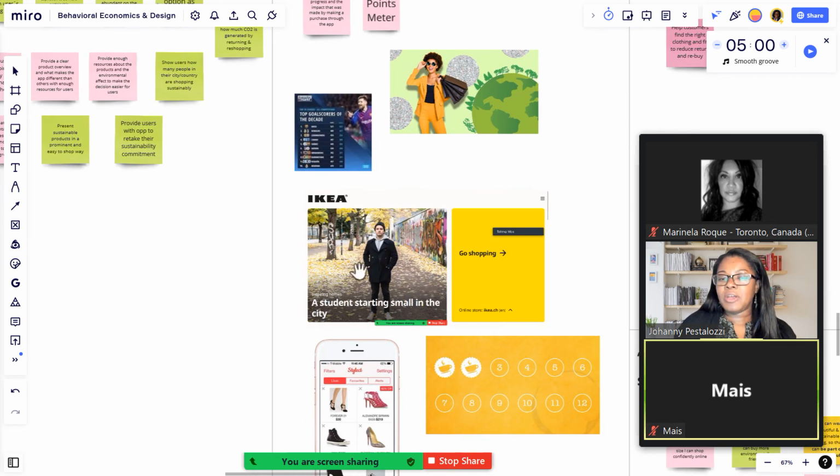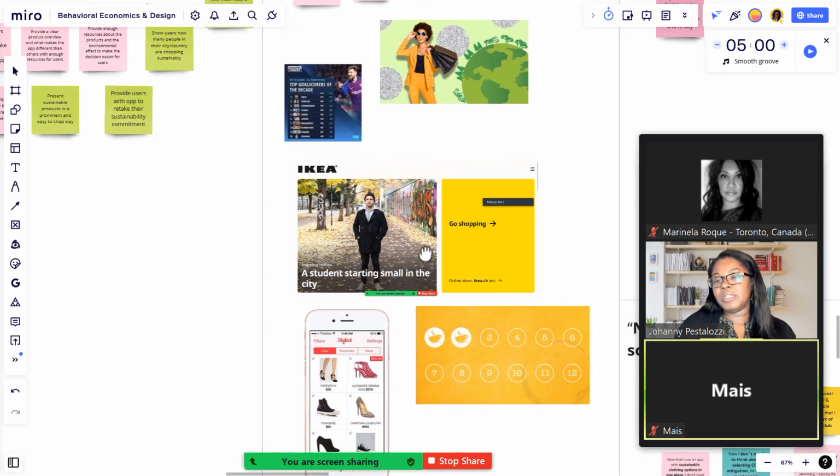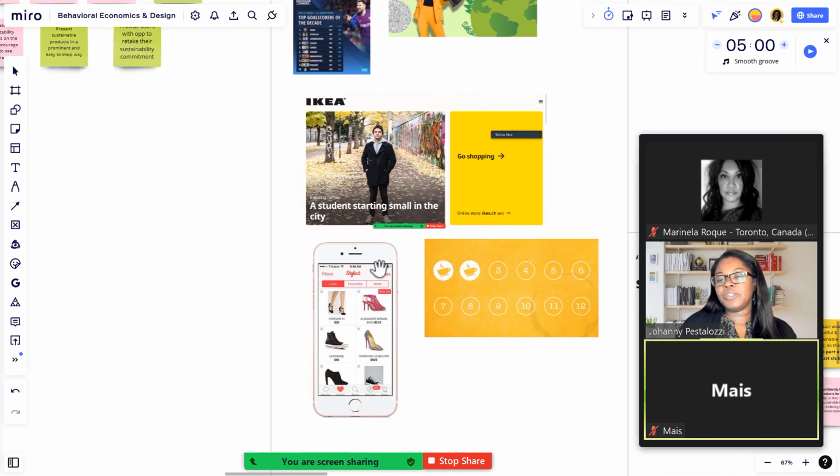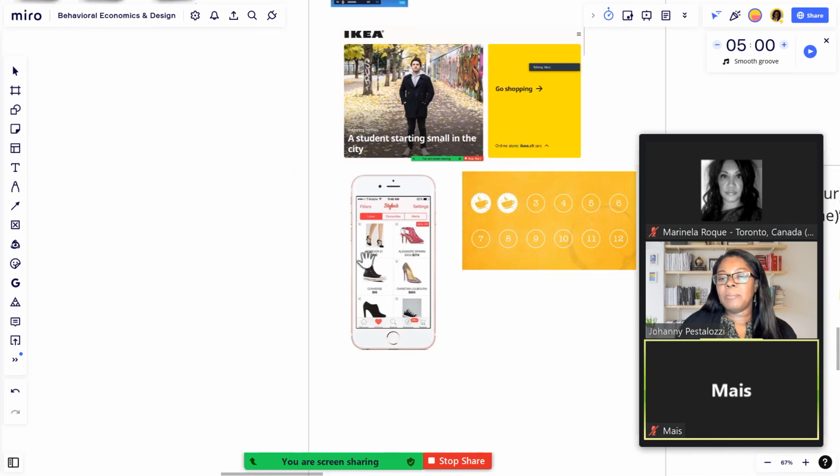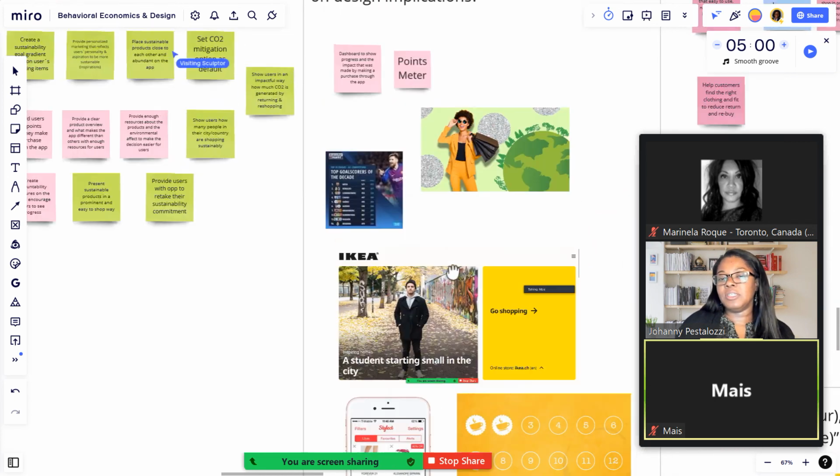And then this image of IKEA is essentially to showcase relevant sustainable products above the fold in a prominent way, so that can inspire users or give those products more space in the page while they're scrolling. And then finally, provide sustainable products right next to each other so that users perceive them as abundant and kind of the default in the app.